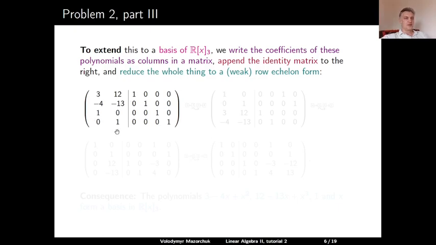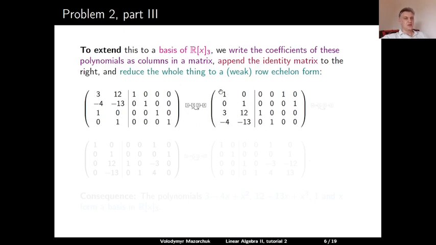So because of this part 1, 0 and 0, 1, we start by swapping rows 1 and 3 and swapping rows 2 and 4. So row 3 becomes row 1 in the new matrix, row 4 becomes row 2, original row 1 becomes row 3, and original row 2 becomes row 4.